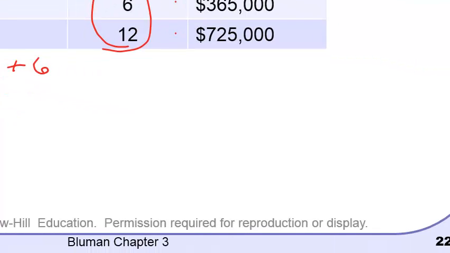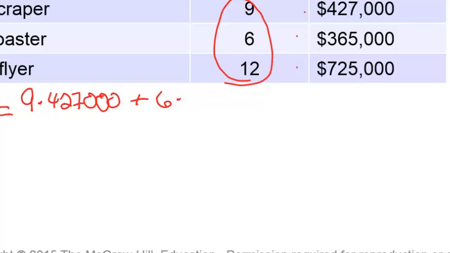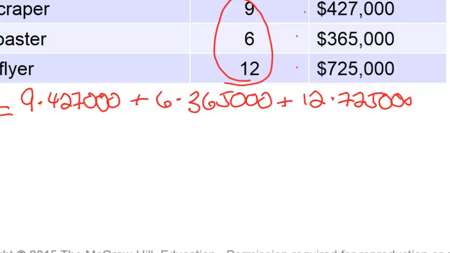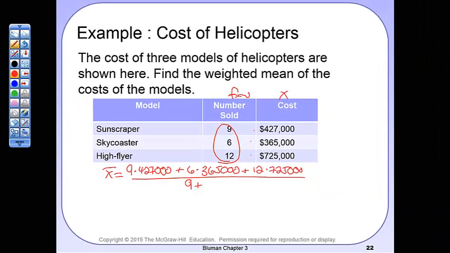The Sky Coasters we sold 6, times 365,000, plus we sold 12 High Flyers, and they cost $725,000. And then we're going to divide that by the total number that we sold, which was 9 plus 6 plus 12.